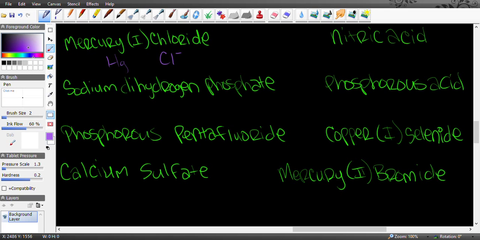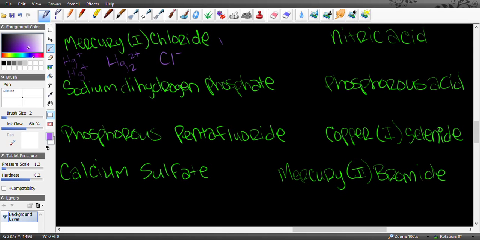And mercury 1, what is mercury 1? Isn't that Hg2 2+, right? The way I remember mercury 1 is it's technically this Hg plus and Hg plus. They just form a diatomic and have a charge of Hg2 2+.